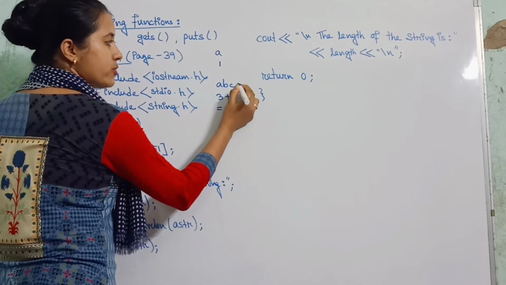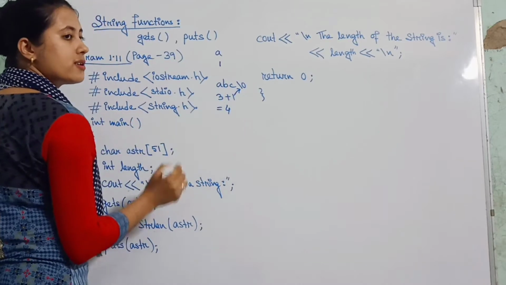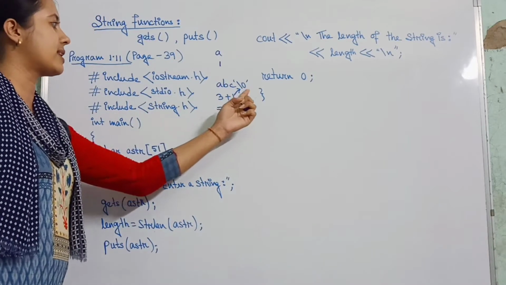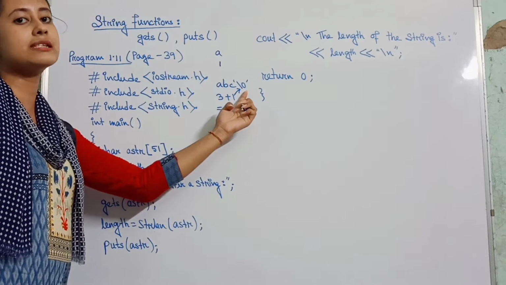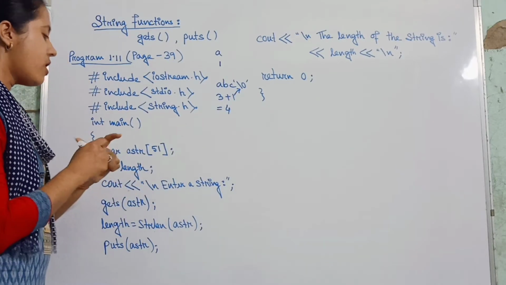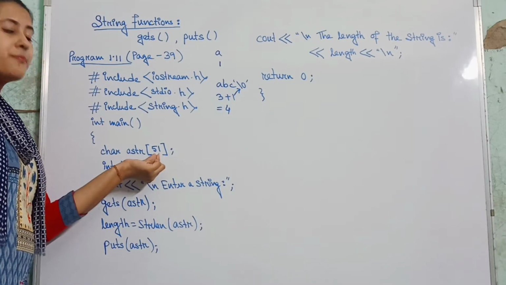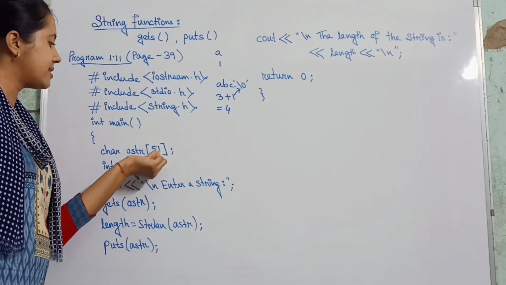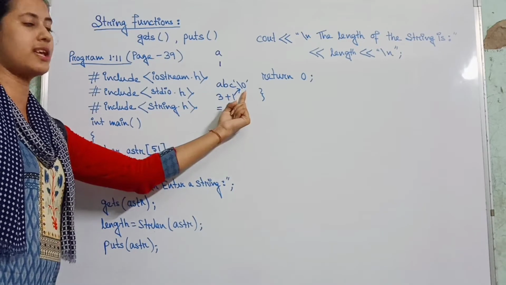This 1 goes to the null character. Always remember, a string value is always terminated by a null character, and this 1 comes from the null character only. So my program can store a string value of 50 characters, and the 51st is for the null character.